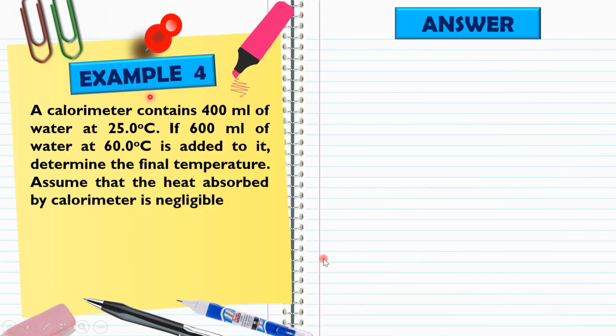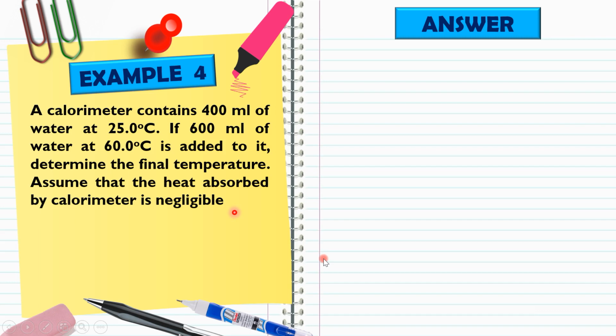Now we move to example number 4. A calorimeter contains 400 ml of water at 25 degree Celsius. If 600 ml of water at 60 degree Celsius is added to it, determine the final temperature. Assume that the heat absorbed by calorimeter is negligible, meaning that calorimeter is not involved in the calculation.